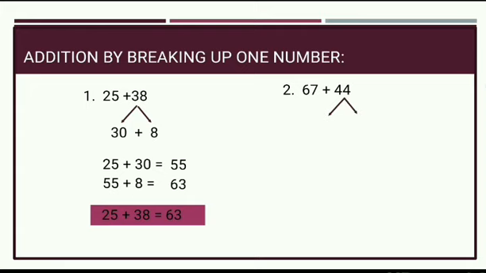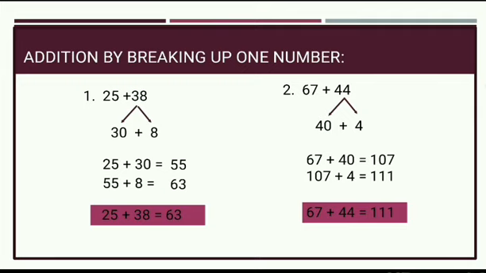First I added 67 to 40 and I got 107, and to that 107 I added 4 and I got 111. So 67 plus 44 is equal to 111 is your answer. So breaking a number makes our calculation much easier.